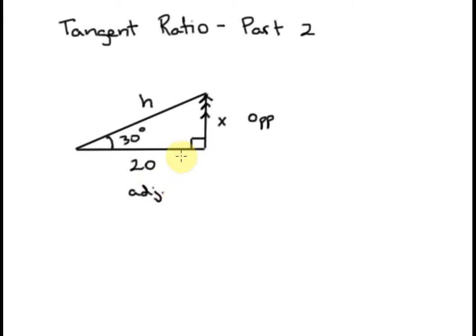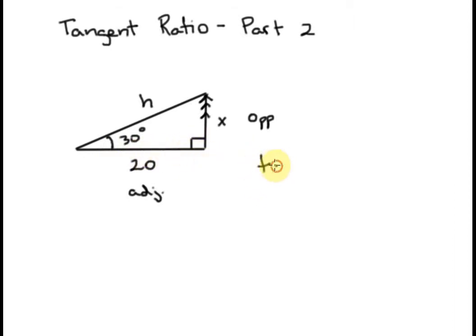Okay, so I know which side is opposite, I know which side is adjacent, and while the title kind of gives it away, we're going to use tangent. Now we know that the opposite side's length divided by the adjacent side's length is something we call the tangent.